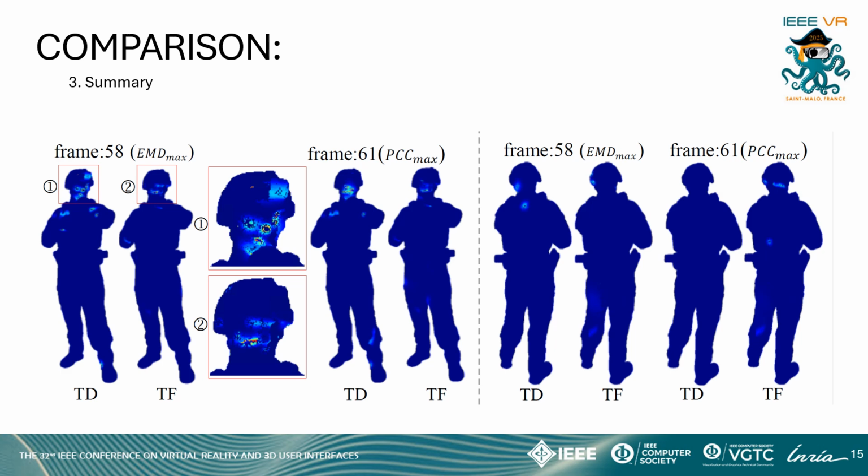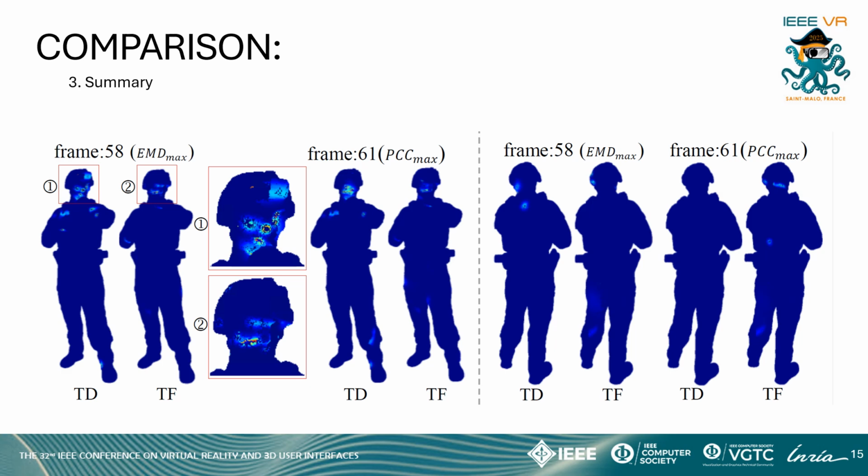A short summary of why the proposed EMD metric is better than the general Pearson correlation. For example, EMD says frame 58 is the most similar one for the same sequence, soldier, and PCC identifies frame 61 as the most similar one. From the front view, we can see that they are really quite similar, and here at least they have something the same.